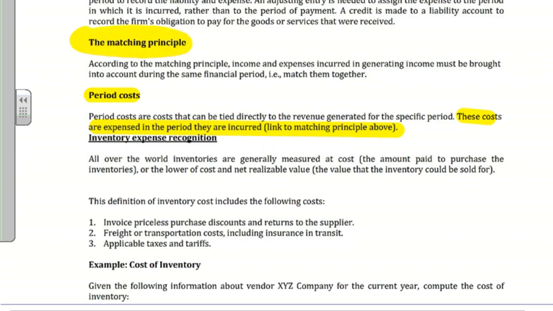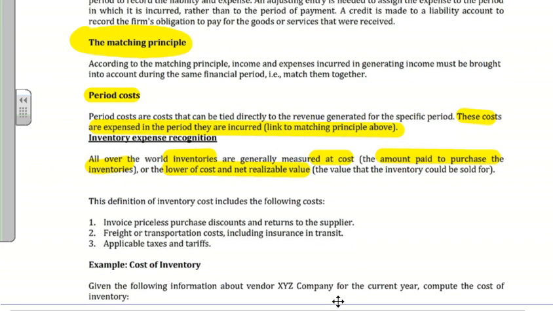And we look over here, the inventory expense recognition. Generally, inventory, which people used to call stock, is recognized at cost, the amount paid to purchase the inventories, or if it loses a little bit of its value, at net realizable value.